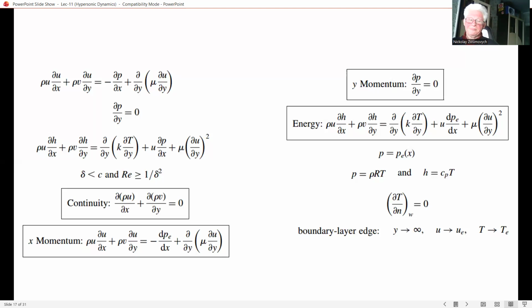Hence, throughout the boundary layer, p should be equal to p_e(x), where p_e is the pressure distribution at the edge of the boundary layer. All this is determined from the inviscid flow calculation.